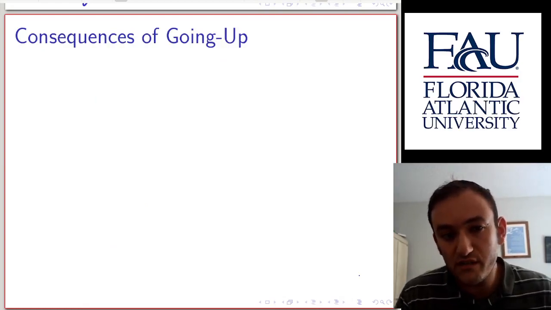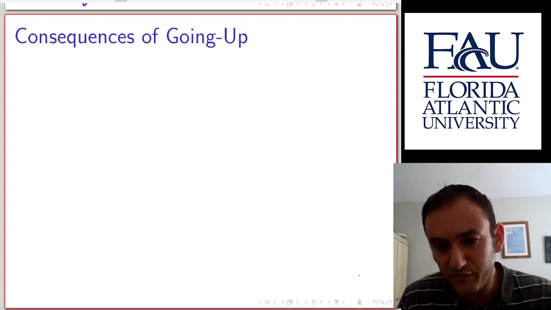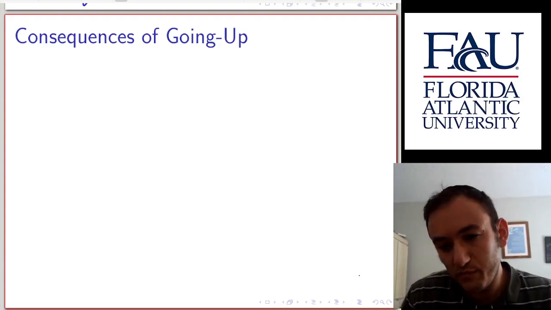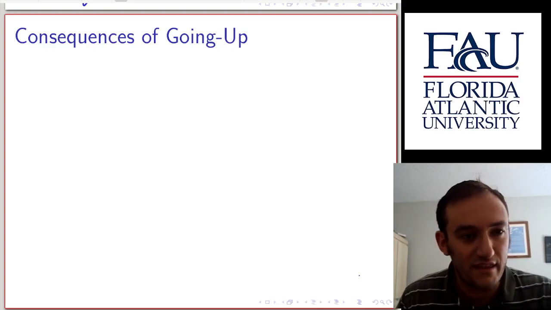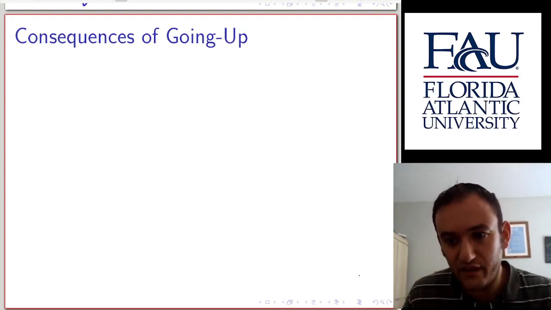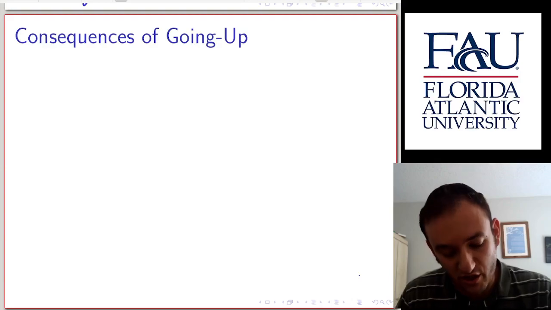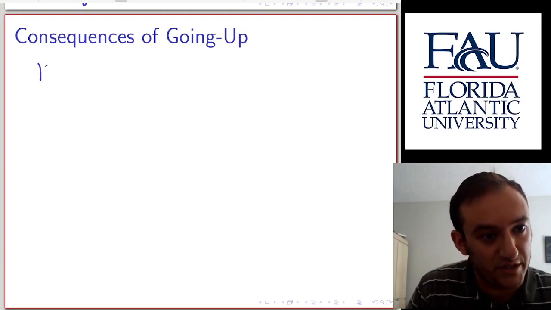So what does going up give us? Well, in number fields, we don't really pick up much more than the lying over theorem, because number fields generally have Krull dimension 1, so you're not going to have very long chains. But one of the concepts that we'll define later is Krull dimension.